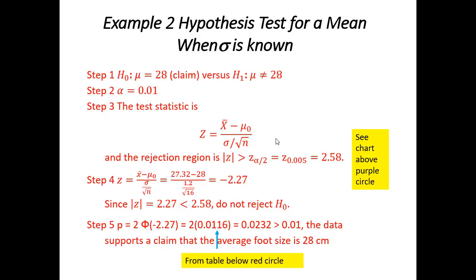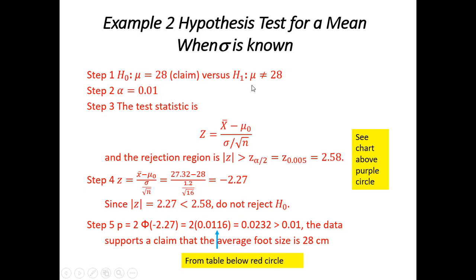We'll use the 5-step method. So the first thing to observe are the null and the alternative hypotheses. There was a claim that says that the population mean is 28 centimeters. We'll label that the claim versus the alternative.